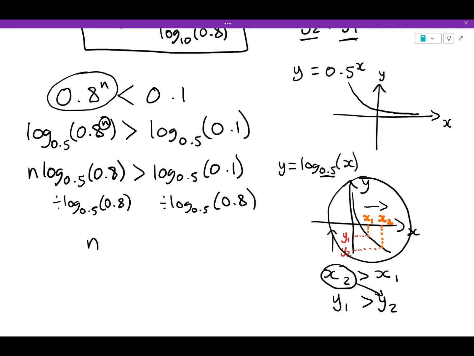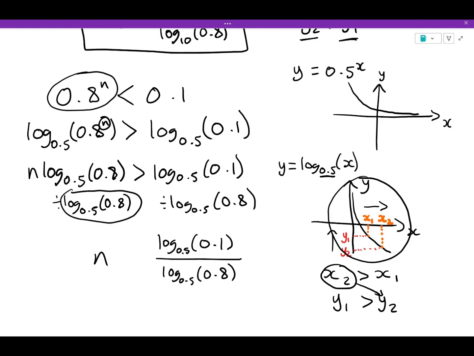On the right hand side, we've got log base 0.5 of 0.1 divided by log base 0.5 of 0.8. Now we have to decide which way our inequality symbol is going to go. To determine that, we have to consider what we divided by, which was log base 0.5 of 0.8.